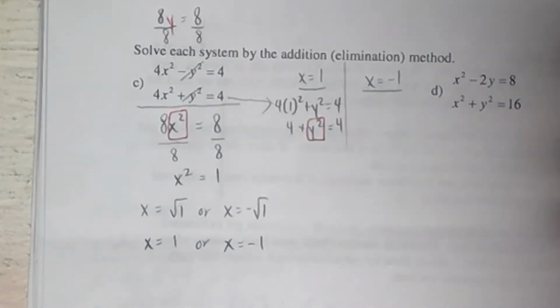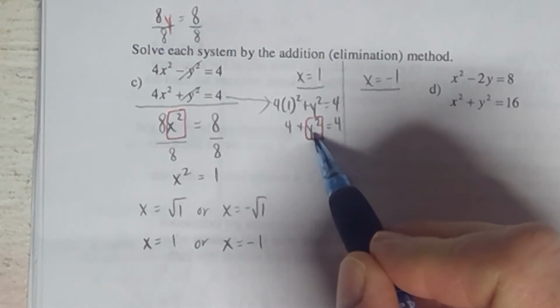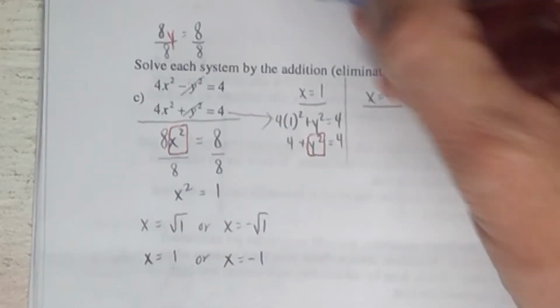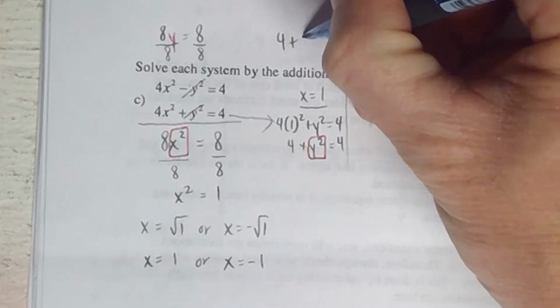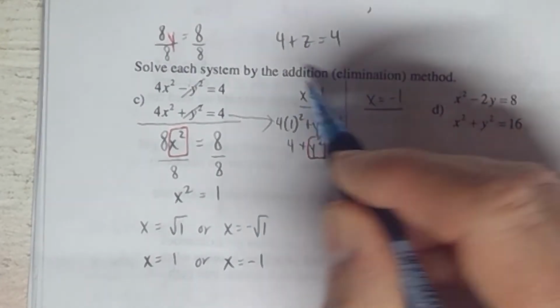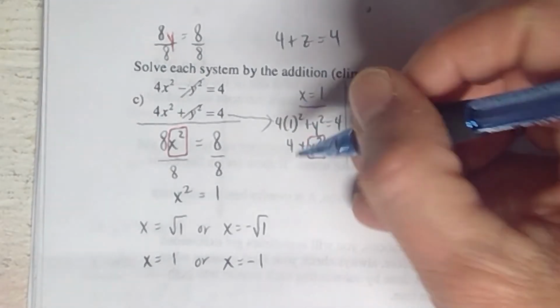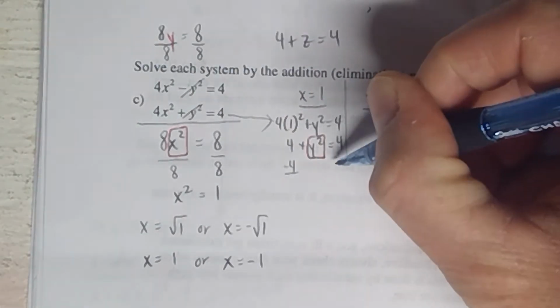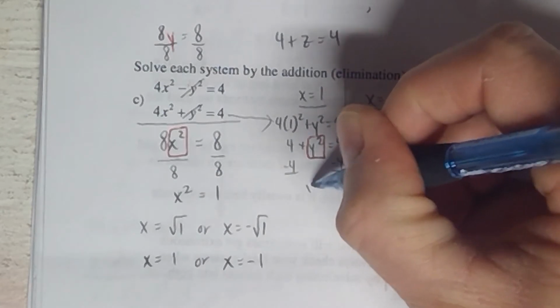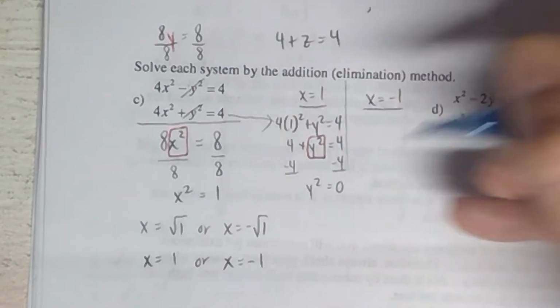All right. Pretend like that's a variable right there. Say that that's a z right there. If you had 4 plus z equal to 4, wouldn't you get the z by itself by subtracting the 4 over? And that's important because that means I can then move the 4 over here in the actual problem that we're doing. Okay.